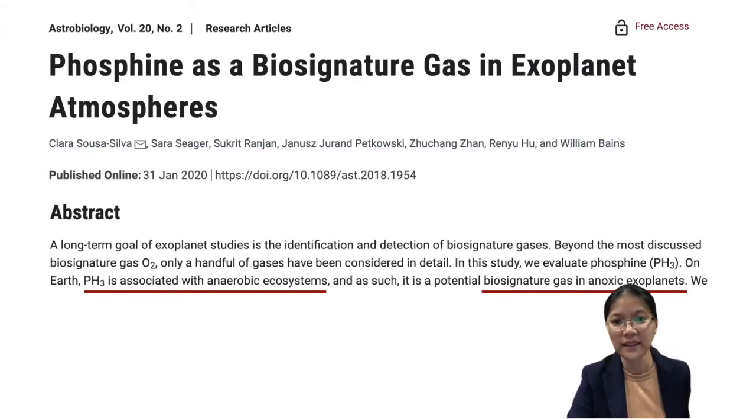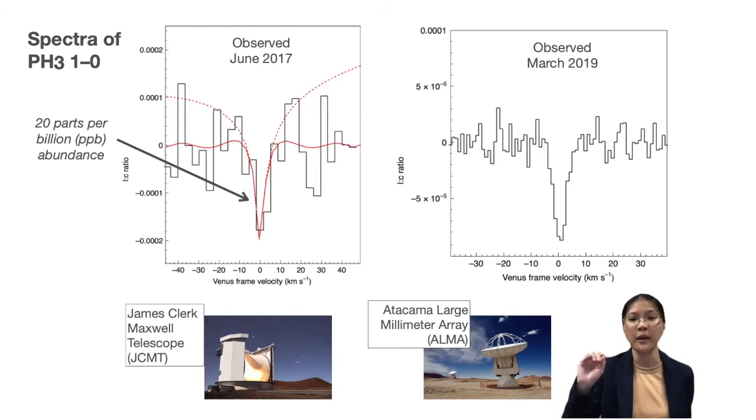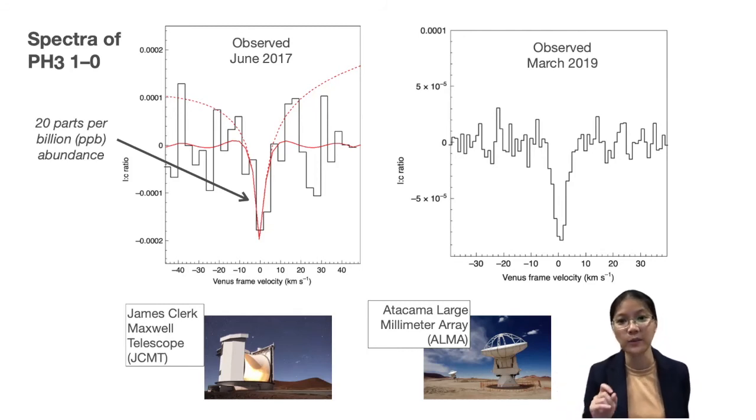So going back to the Venus paper, this is the observed spectra. And you see here the spectral line. The dip there is the absorption feature that is associated with the phosphine.